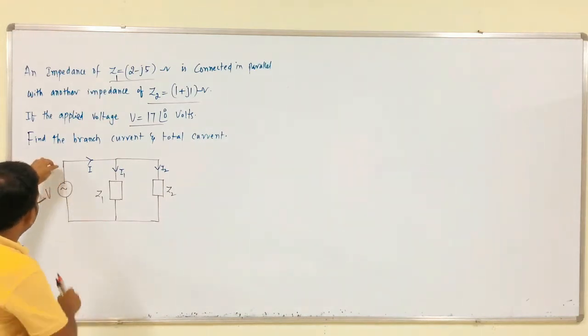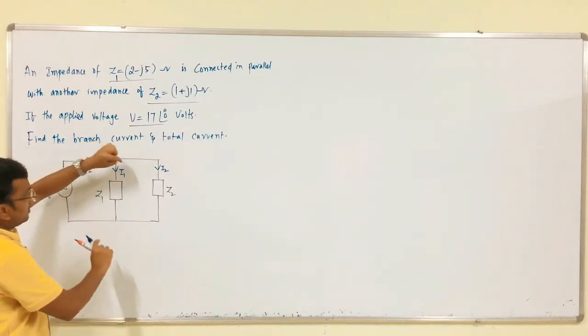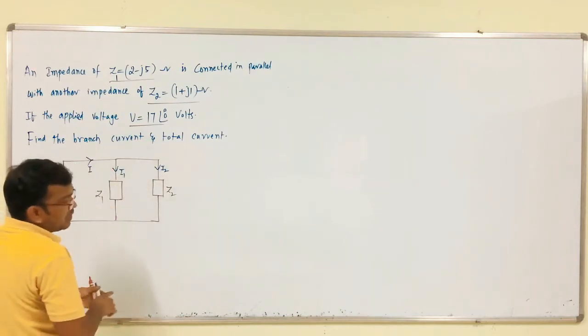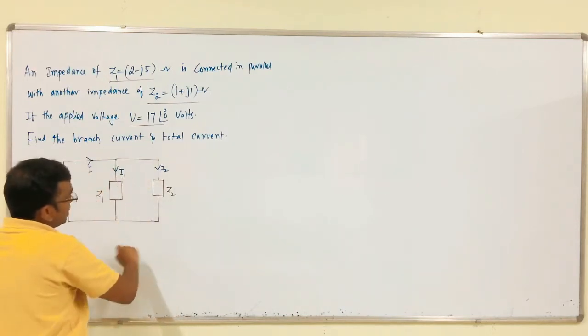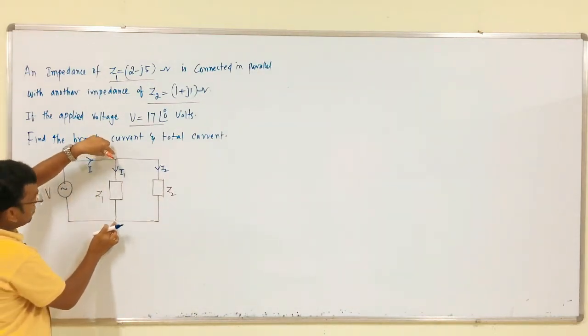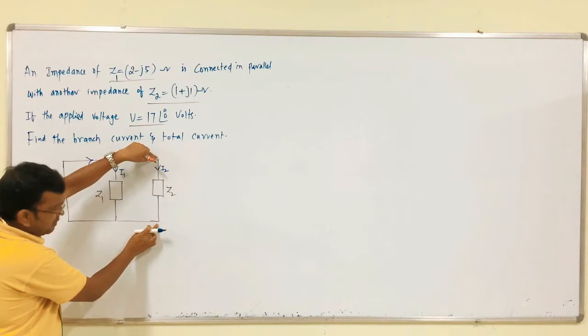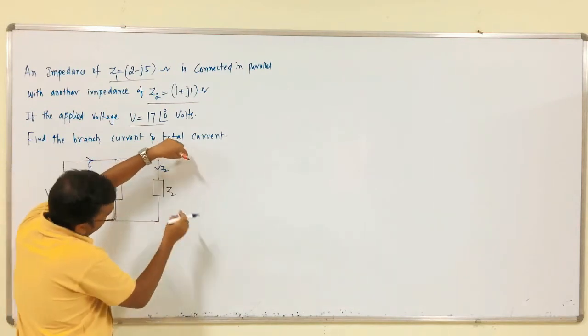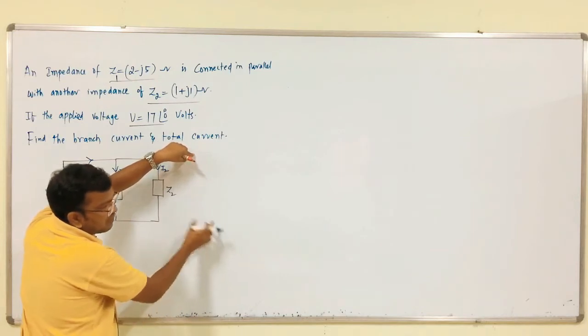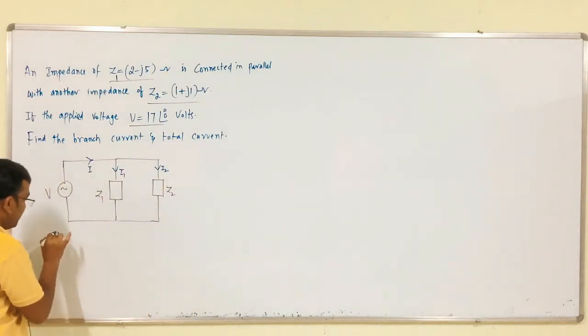The voltage across this branch is nothing but V. The voltage across this branch is nothing but V. So, he wants the current through this branch and the current through this branch. Simply, the voltage across each branch is V. If we have n number of branches, the voltage across each and every branch is nothing but V. So, I1 is what?